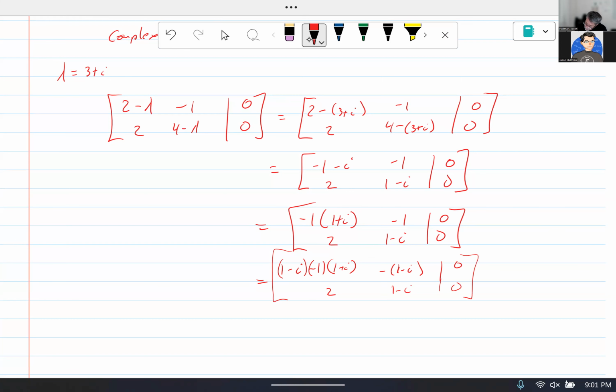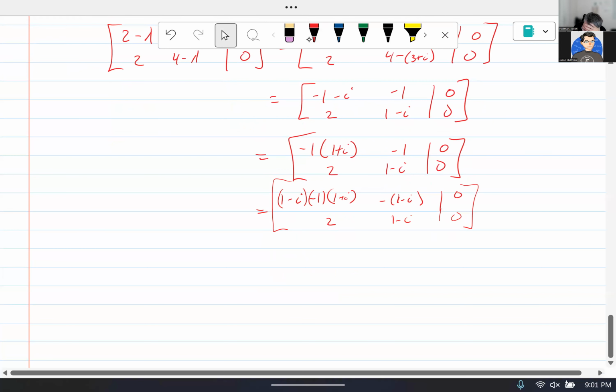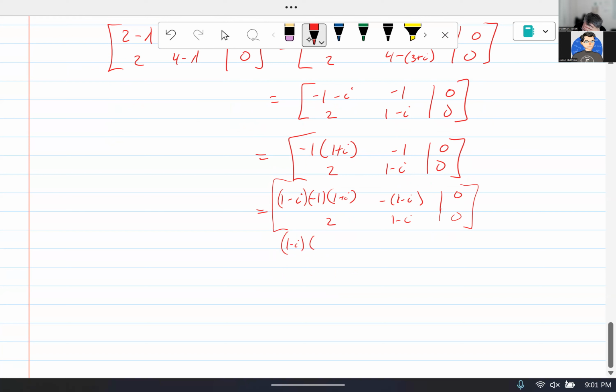If I added these two rows together, I would get (1 minus i) times (1 plus i) times -1 plus 2, and then these two would cancel out, plus 0 is equal to 0, and 0, 0. That's on top.